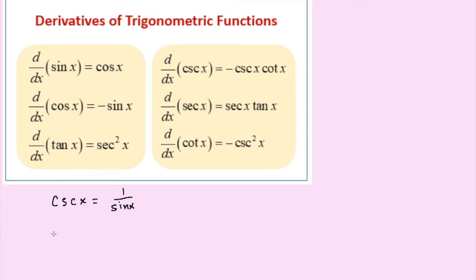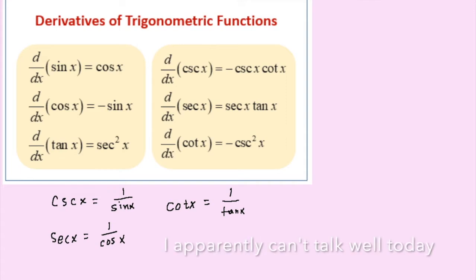If you're trying to evaluate secant x, it's much easier to evaluate this using 1 over cosine of x. And if you're trying to evaluate cotangent of x, it'll be a lot easier to evaluate 1 over tangent of x. The reason why it's easier is these functions, sine, cosine, and tangent, are available in your graphing calculator, whereas cosecant, secant, and cotangent are not.